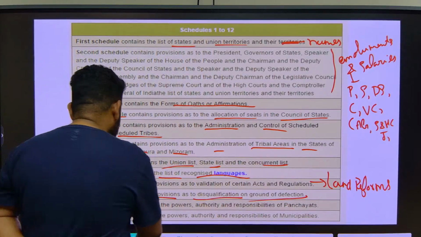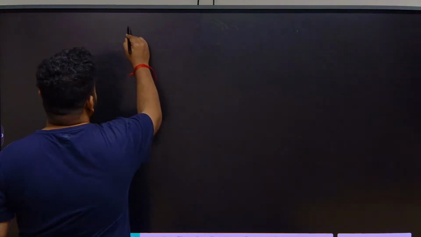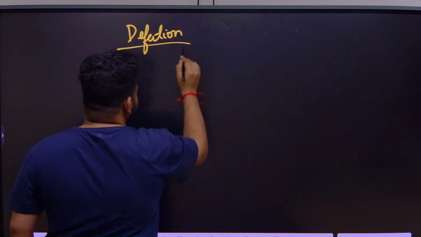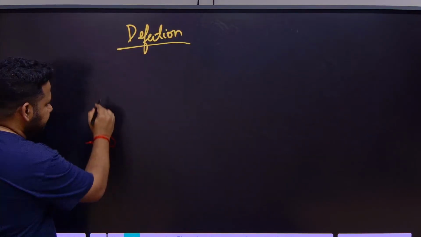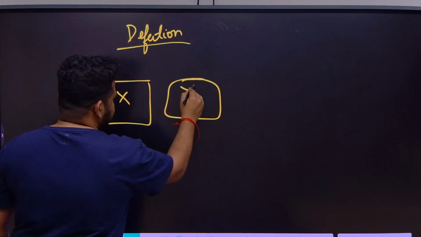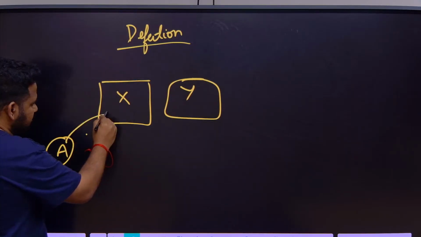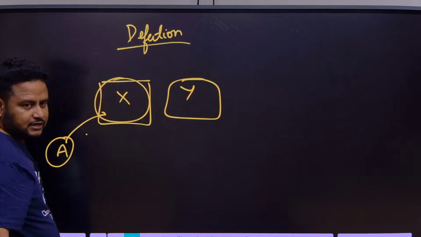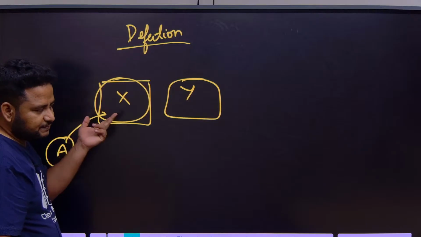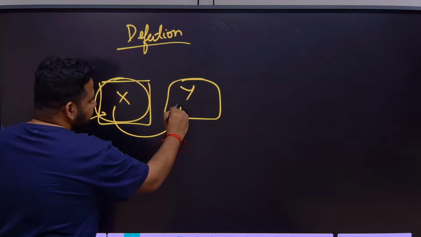Now, what do you mean by defection? Suppose there is a party X. Suppose there is a party Y. This person A will get elected in the name of this party. This party will form the government. Under this government, he thinks that they will give a ministership to him. They will not give it to him, so he will get disappointed. What he will do? He will jump from this party to this party.